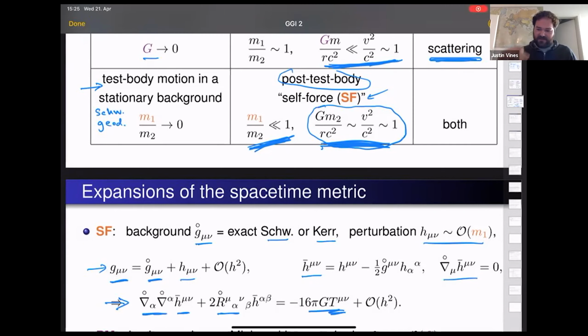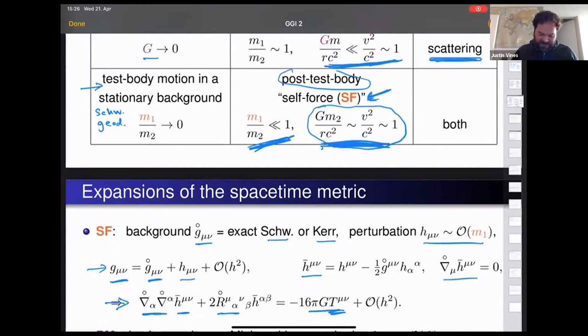So this is not a very easy field equation to solve, but this enterprise of solving for linear perturbations of a background black hole spacetime due to the presence of a small body that's orbiting is the so-called self-force program, which has made a lot of progress in the last 2 or 3 decades.